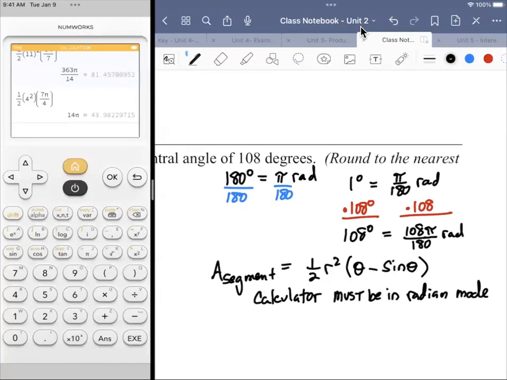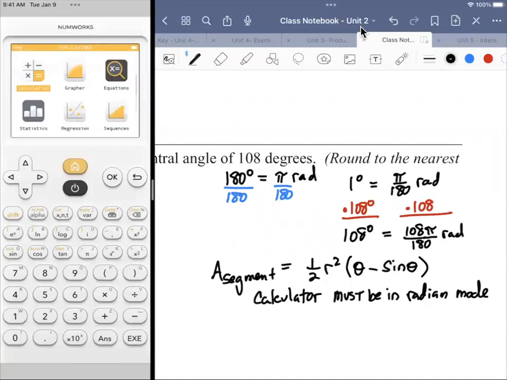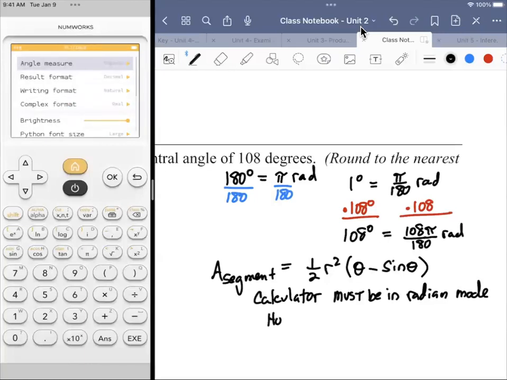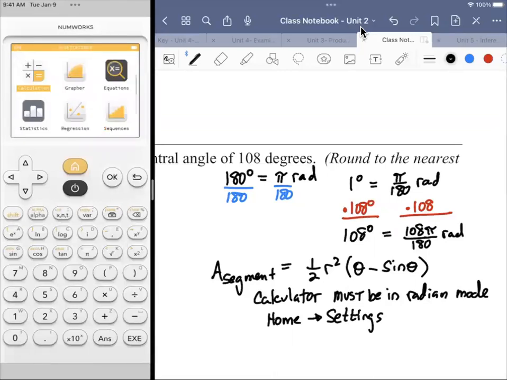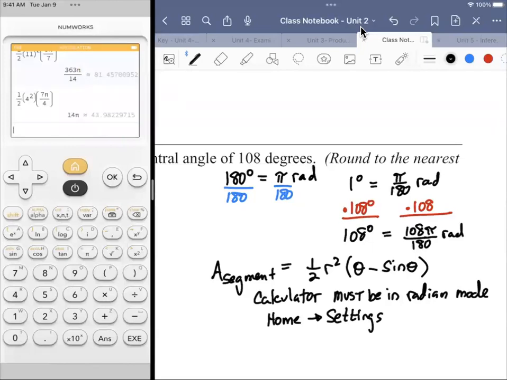We already learned how to convert from one mode to the other, except we went from radians to degrees. Now we want to go from degrees to radians. So home, settings, angle measure, and make sure it's on radians. Then you can go back to the calculation menu.